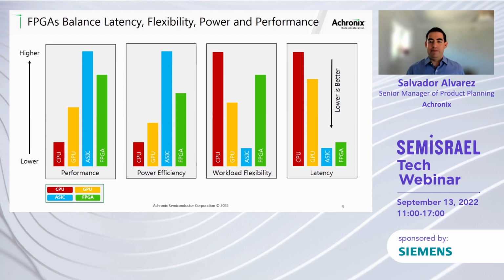GPUs have been developed to blend that performance and flexibility, and they've done a pretty good job at it. However, particularly when low and deterministic latency is required, FPGAs can do better. Besides conversational AI, there are many other real-time applications that require that low latency, including financial trading, security, defense, and so on.